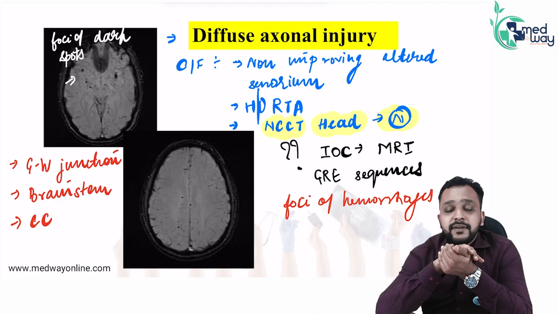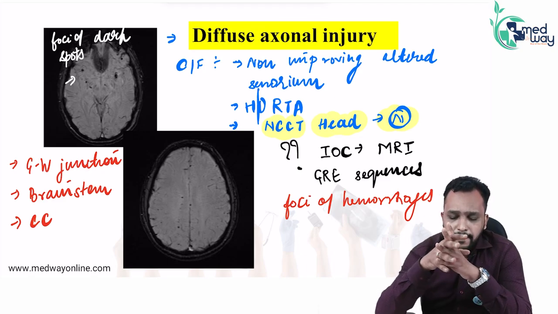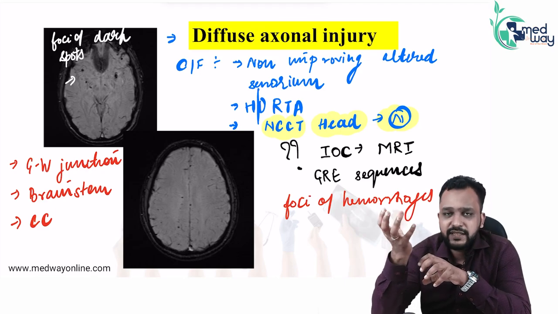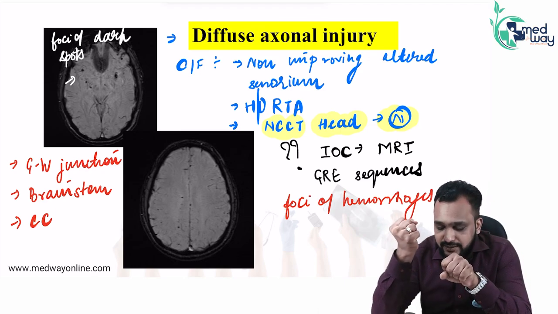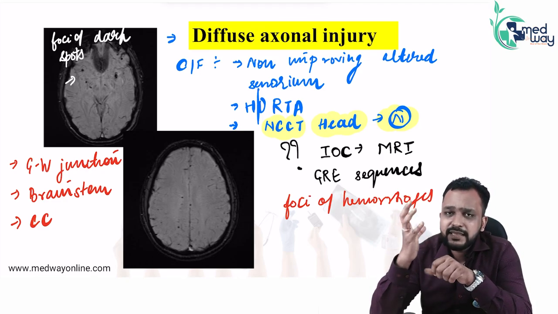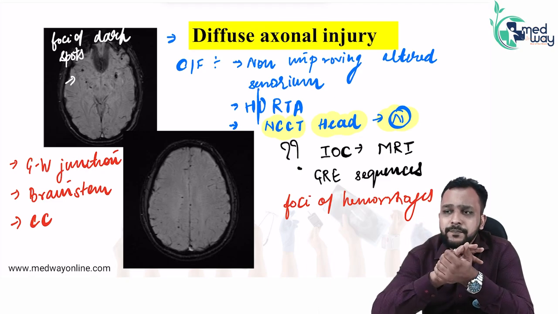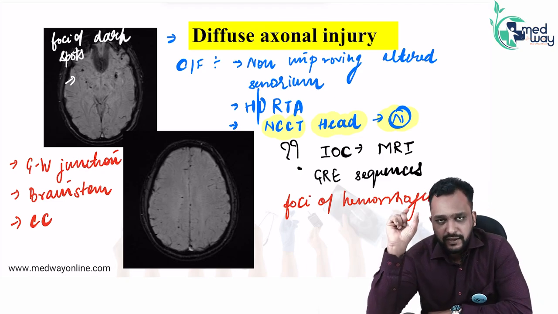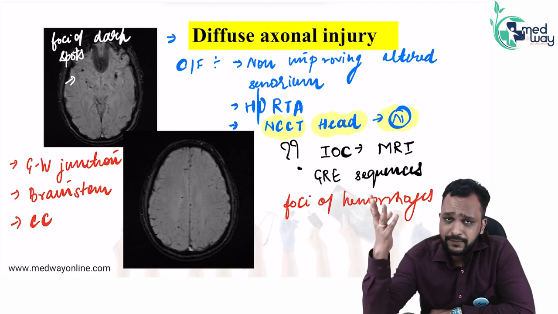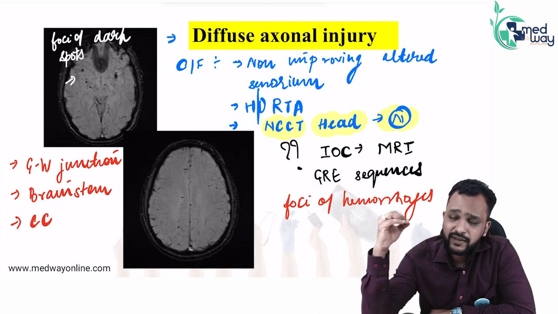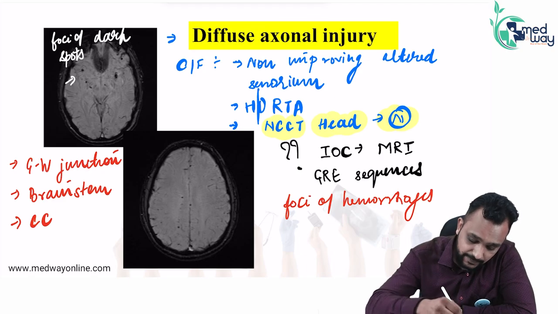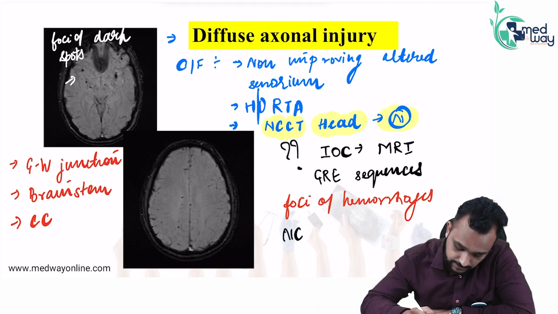So what happens whenever there are shearing forces? The neuron breaks at the junction of its body with the head, at the junction of the filament with the head of the neuron. And whenever there is injury at this point, there is a focus of hemorrhage at that point, and that focus of hemorrhage can sometimes be seen on the NCCT head, where it can appear as petechial hemorrhages.